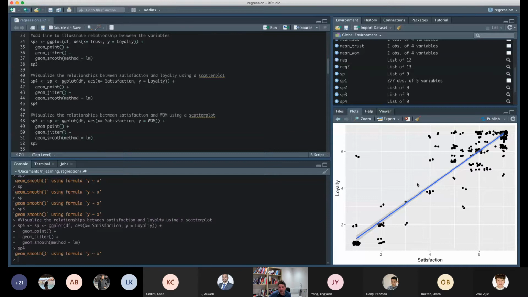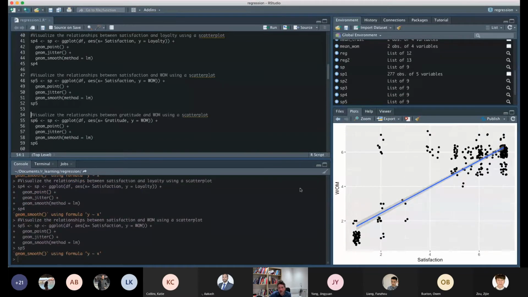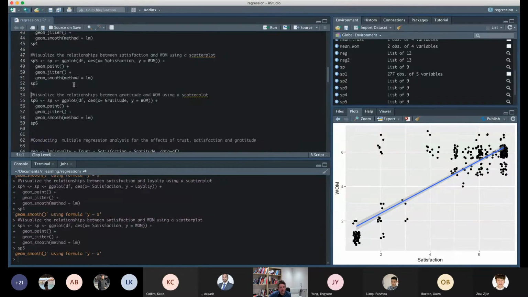So here you see now satisfaction and loyalty. Those are just scatter plots for all the relationships. Then you see here again a scatter plot between satisfaction and word of mouth. Again, you see a pretty good linear relationship between those variables.